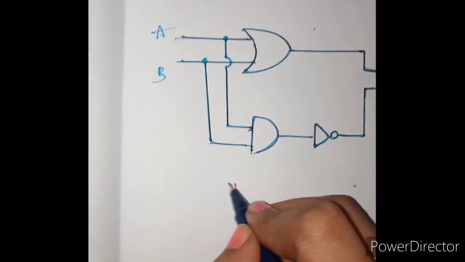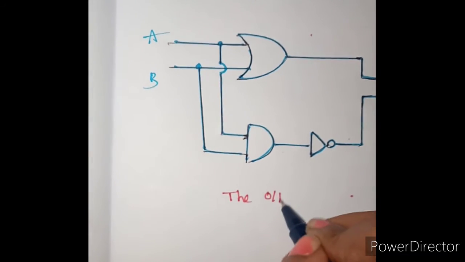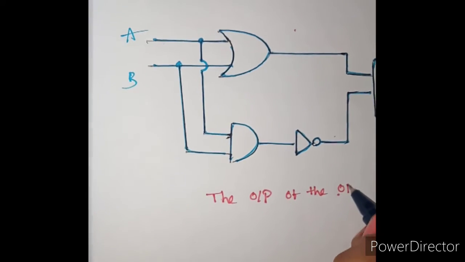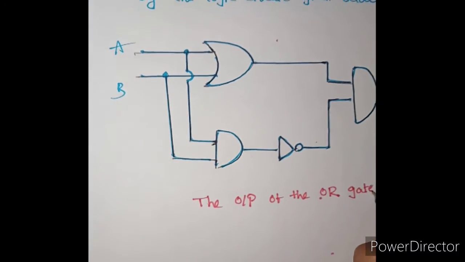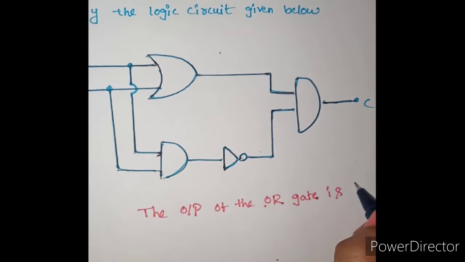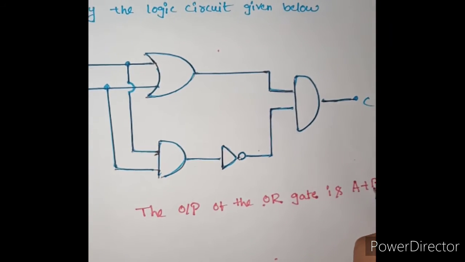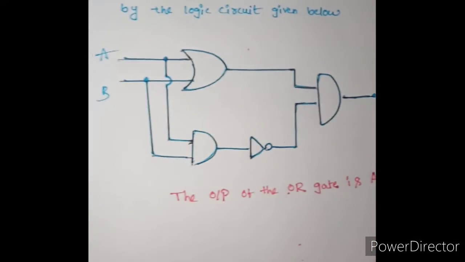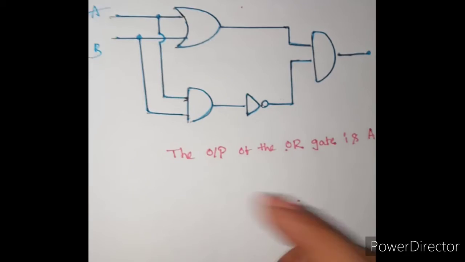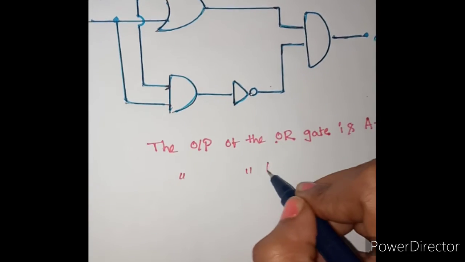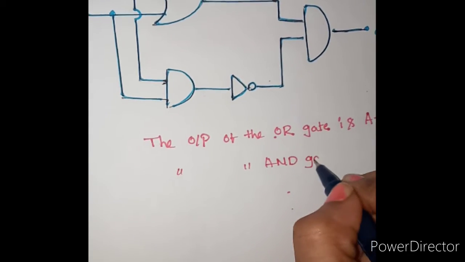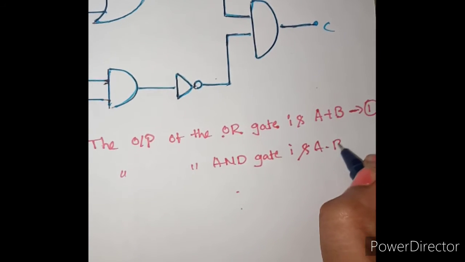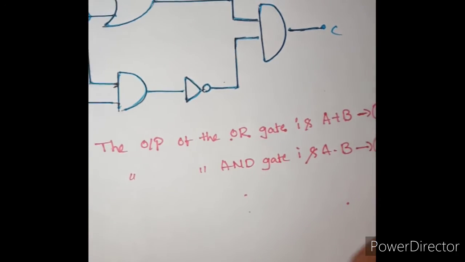That means the output of the OR gate is A plus B. This is equation number 1. The output of the AND gate is A dot B. This is equation number 2.